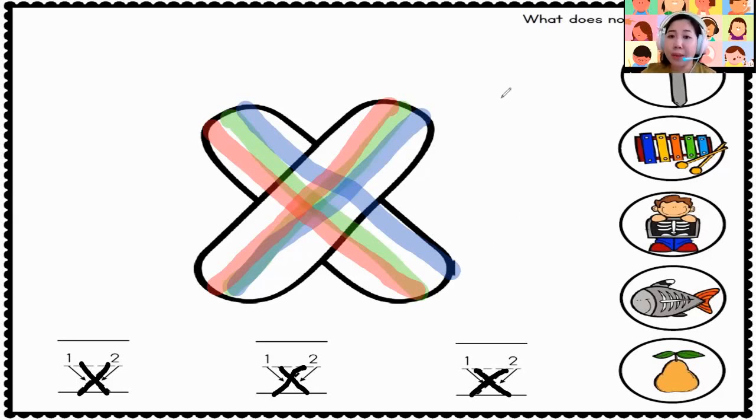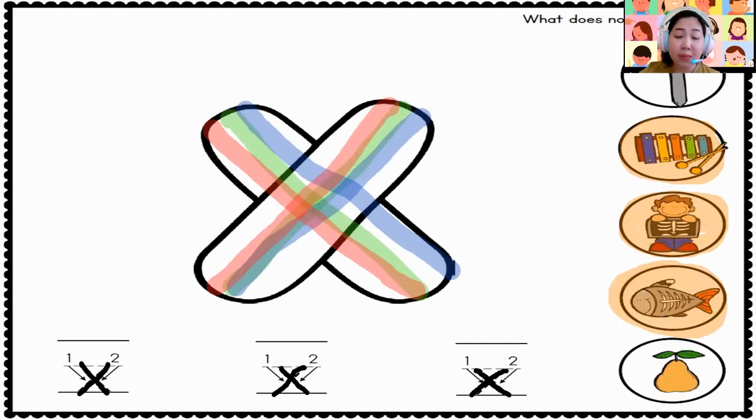So for our pictures, what are the things again that begin with the letter X? We have the musical instrument, that is the xylophone. We also have our X is for X-ray, and we have X is for X-ray fish. But then we still have two more pictures here. We have the nail.